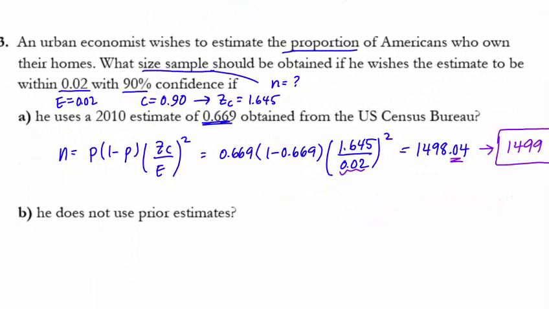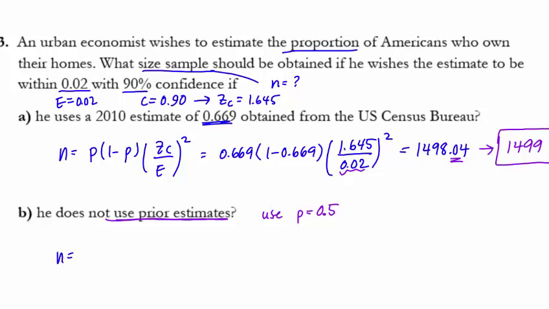If we do not use prior estimates, so for whatever reason we don't think that this value is accurate anymore, then we'll use that p is 0.5. 50% of people own their homes or not. That will maximize the minimum sample size necessary.